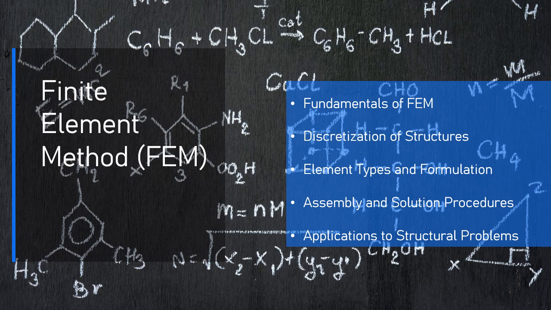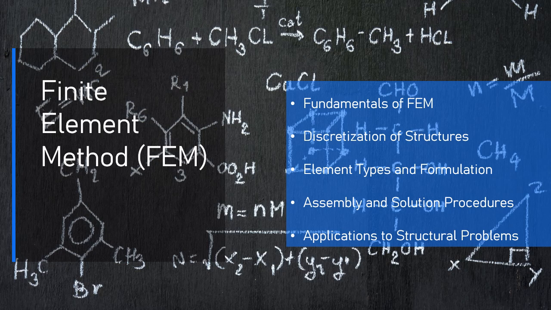4. Finite element method, FEM. Discretization of structures. The process of discretization is a fundamental step in the finite element method, FEM. It involves dividing a continuous structure or domain, which could be a 1D, 2D, or 3D body, into small, simple elements that can be analyzed using mathematical equations.